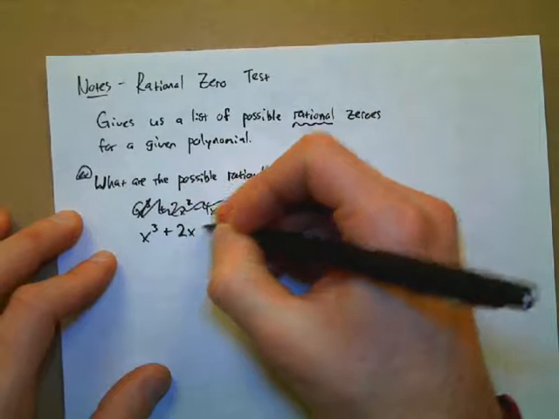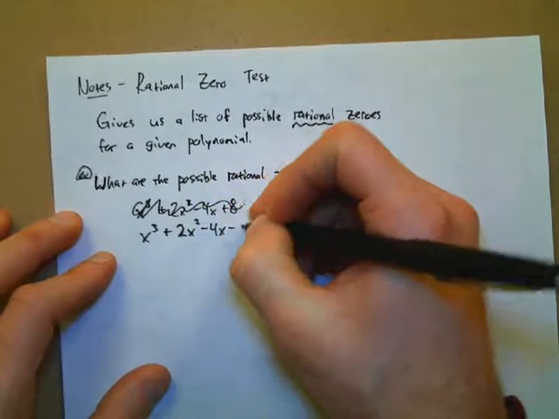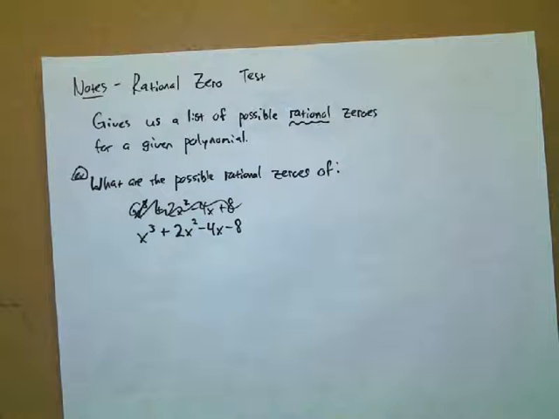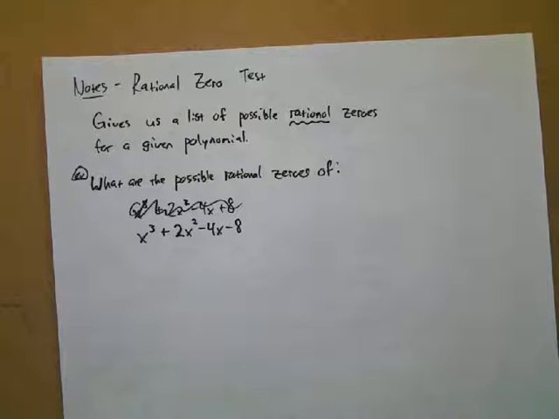Okay. So actually, you may notice that we can do what here with this polynomial? It factors by grouping. So this is an example where we really don't need to use the rational zeros. We can just factor by grouping here and see what the different zeros would be. But let's use the test here, and then we'll see if it would agree with the factoring by grouping.